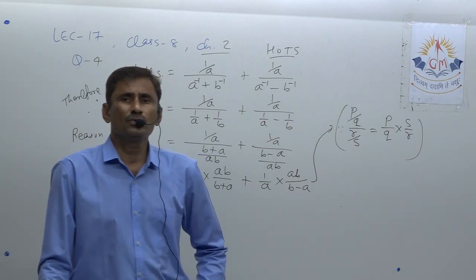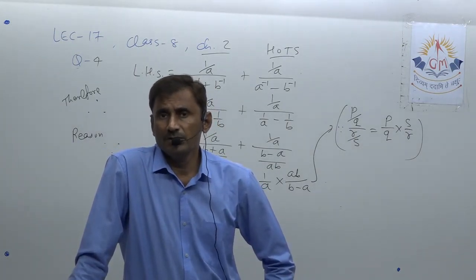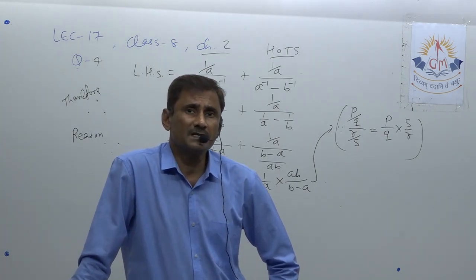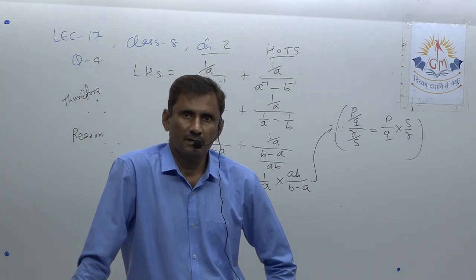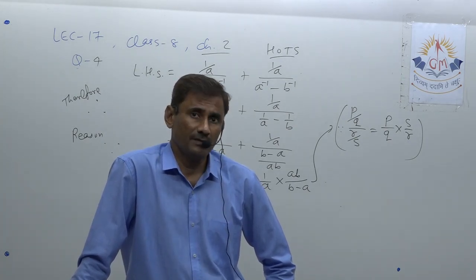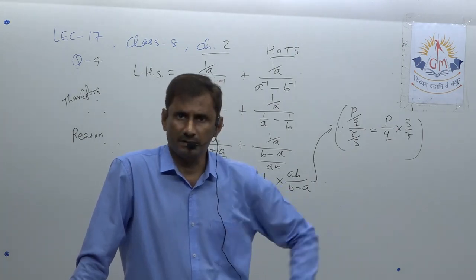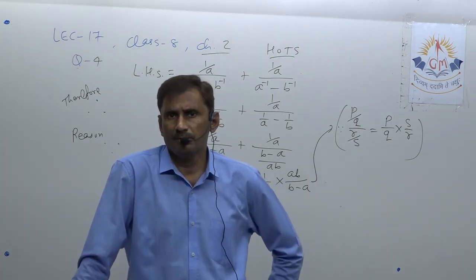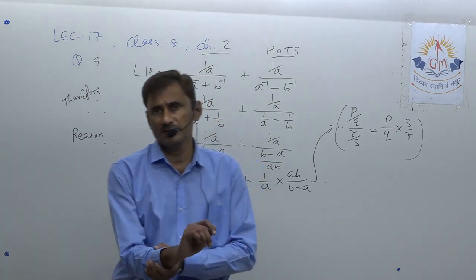So you have to write the whole step again. Cancel the whole step and write it again. Otherwise, if many steps are being cancelled at a time, then you have to rewrite the whole sum. Cancel the whole or half sum you already wrote and rewrite it. Understood? And particularly in board exams, your presentation is very important.